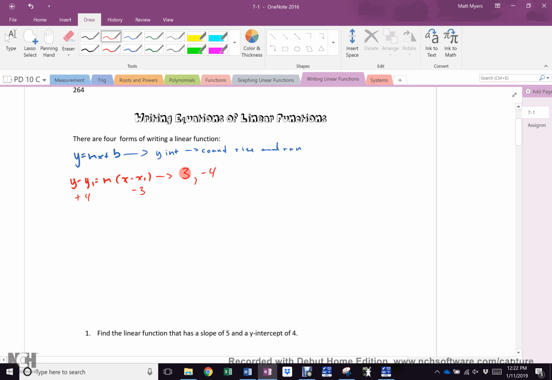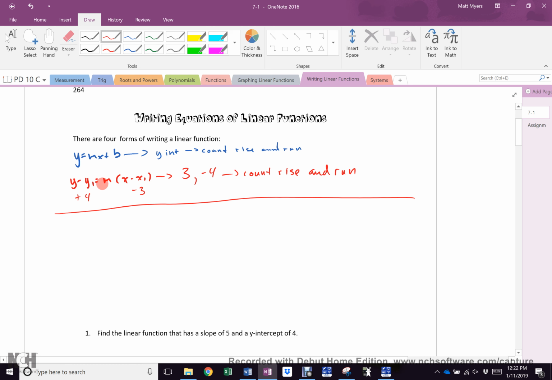Negative 4. And then you count your rise and run. Those 2 things allow you to graph immediately. And if you have the graph, you can then get back to those 2 immediately.